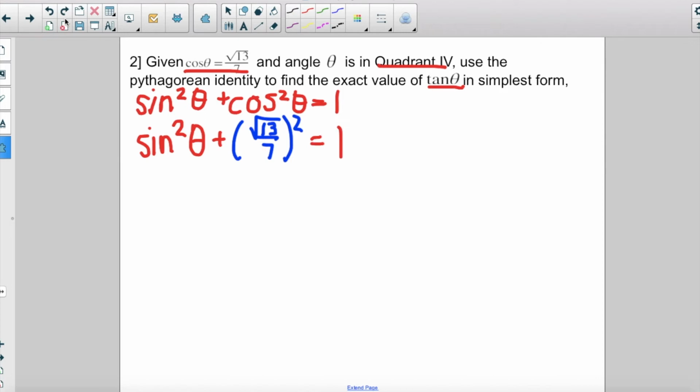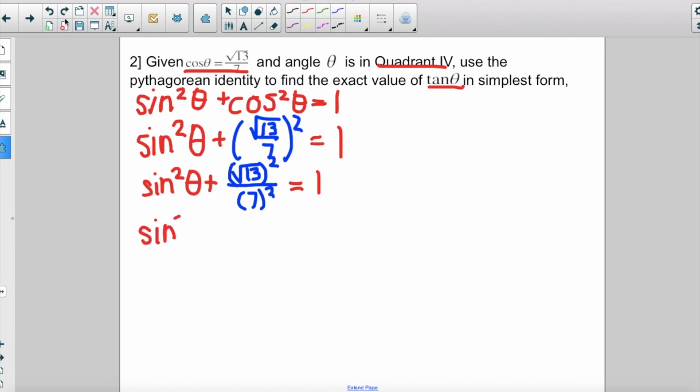Now that squared goes to the top and to the bottom. So this stays as sine squared theta plus, this becomes radical 13 squared over 7 squared, and that is equal to 1.